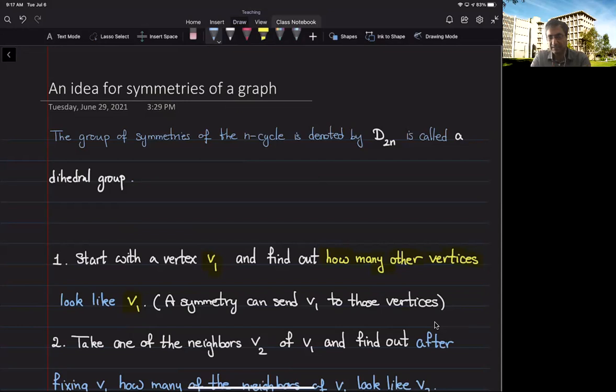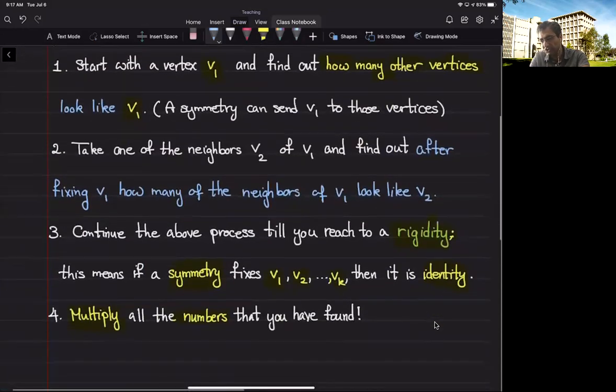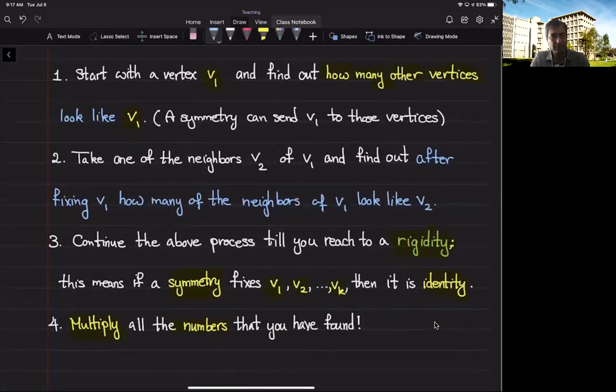By looking at these examples, we mentioned this general theme of finding the number of symmetries of a given graph by looking at the first vertex, and asking ourselves how many other vertices look the same as v1, that is, to how many vertices we can send v1 using symmetries.